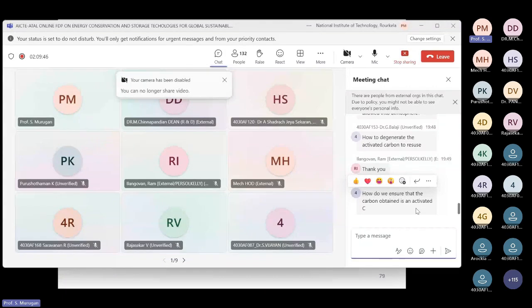Regeneration, like particulate regeneration. In particulate, there is a term called particulate regeneration. If you take a particulate filter attached to a diesel generator, that absorbs particulate matter and carbon soot.